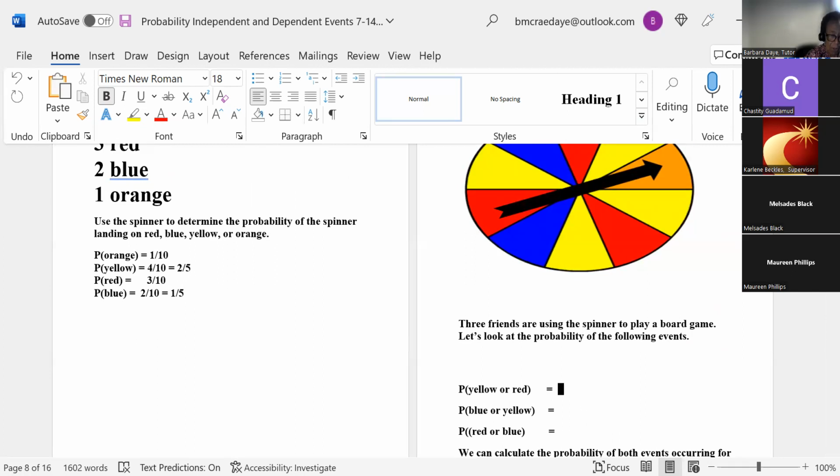So let me just write probability of yellow. And this is the addition, so then we add plus probability of red. So what's the probability of the yellow? The probability of the yellow.